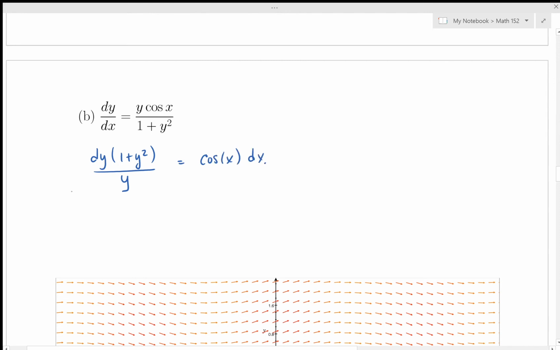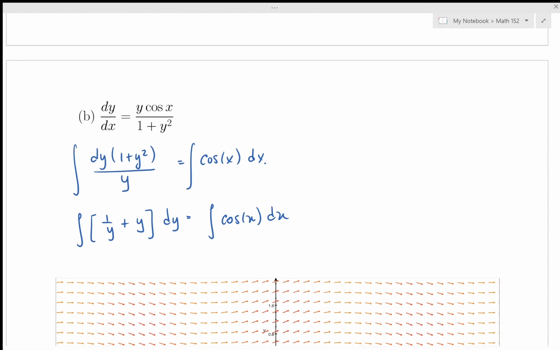Then I'm going to integrate both sides. Before I do that, I'm going to rearrange the left side a little bit. I'll write it like this: the integral of (1 over y plus y) dy equals the integral of cosine x dx. So I just divide that y into both pieces in the numerator. That makes it easier for me to integrate.